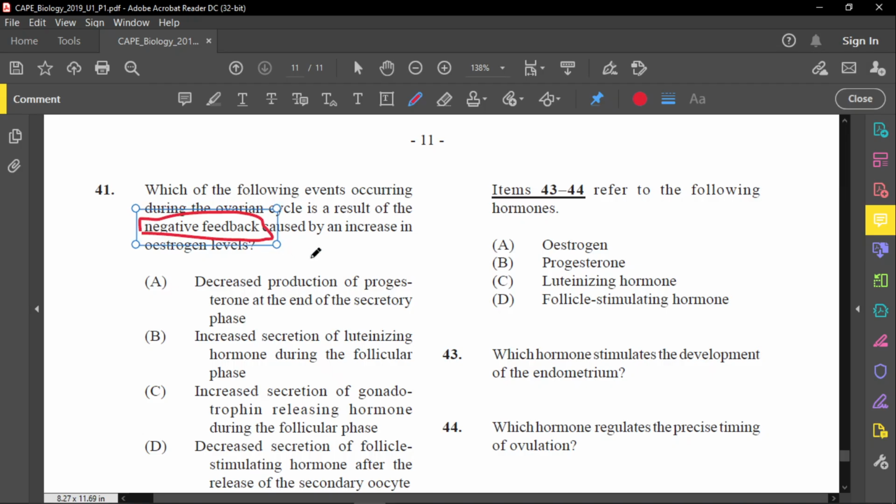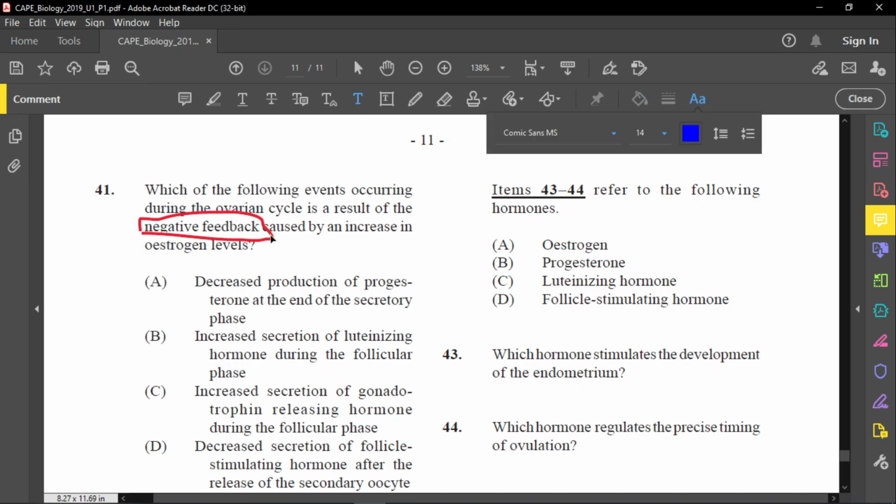This is the first thing to think about before you even jump into the question and the answers. Negative feedback means that as one is increasing, the other one is decreasing. So we're looking for something that decreases as something increases. You need to think about what is increasing. The question says estrogen is increasing. So what do you need to think about that is decreasing while estrogen is increasing?